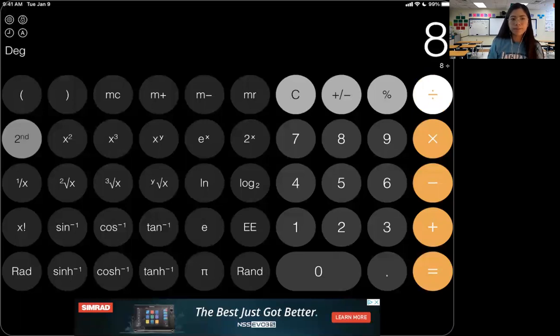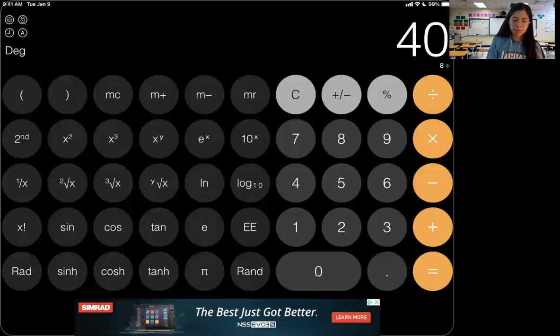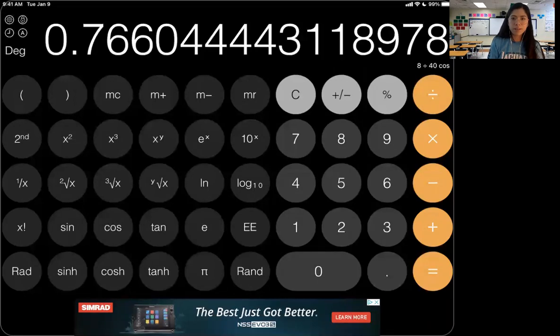I don't need my second button because I'm just doing the regular cosine of 40. So I hit 40, then cosine, then enter.